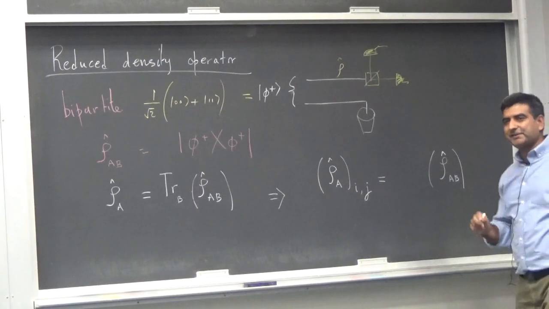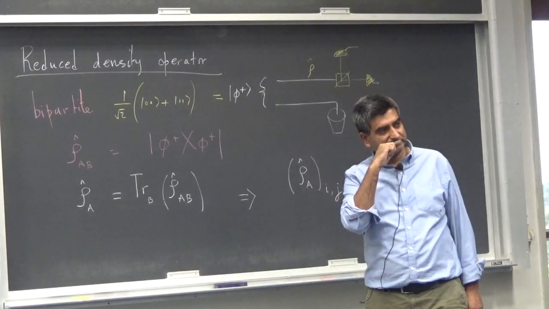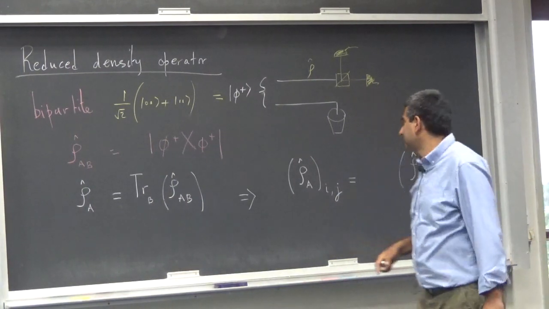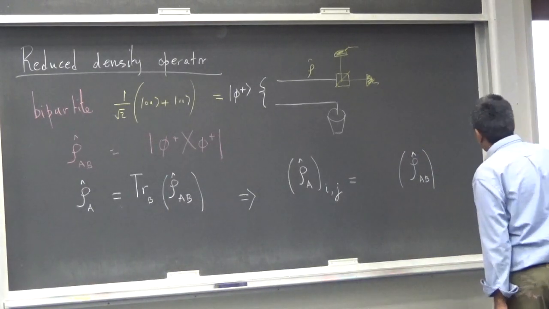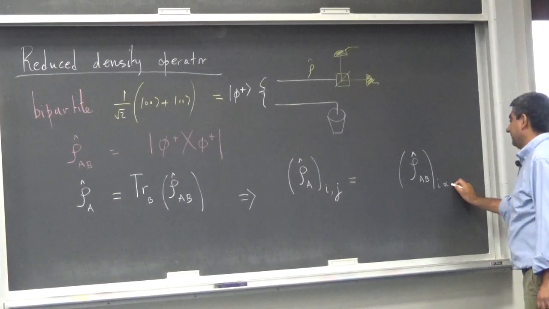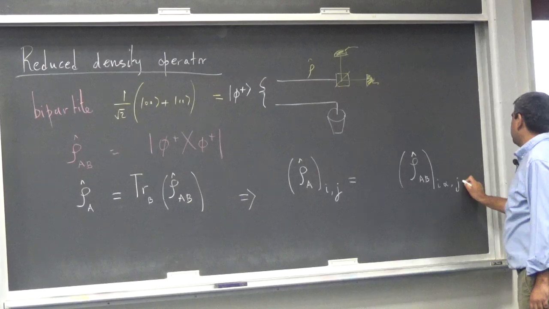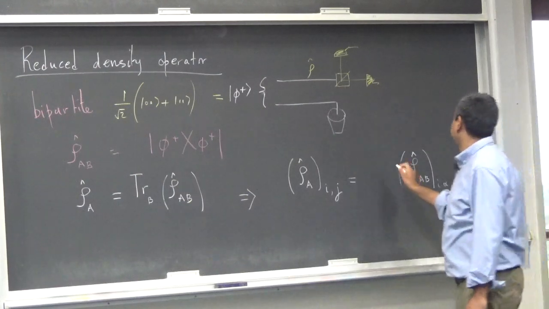Now rho AB is identified by 4 elements, correct? So this is identified by i, alpha, j, alpha, sum over alpha.